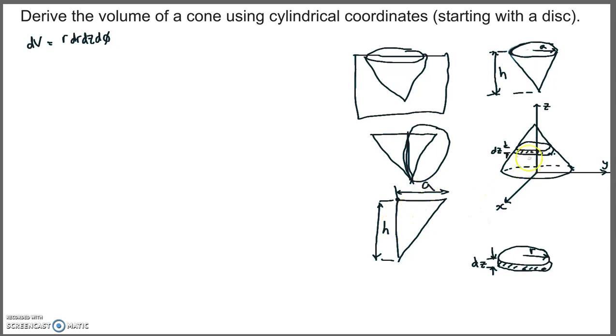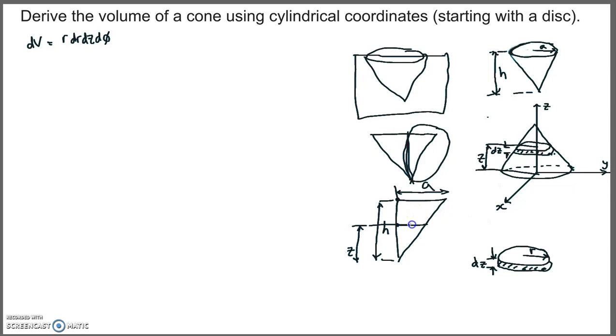And let's look at the disk here that has a height that we will call z. So this disk here, the height above the xy plane is z. So this height here is z.